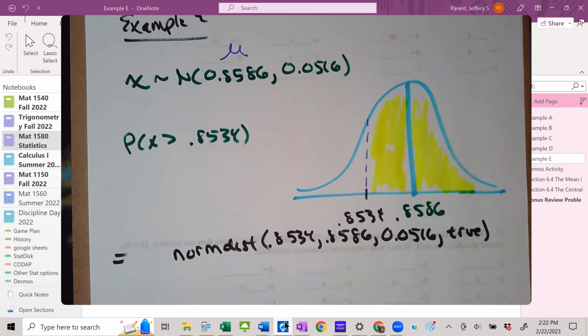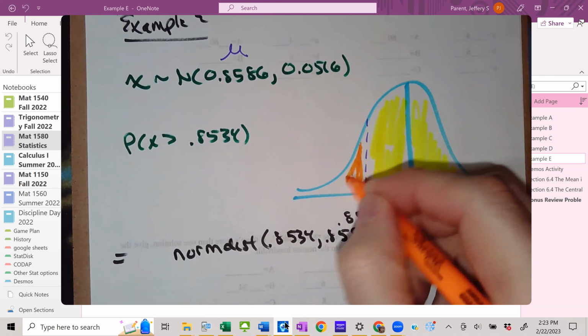Well, what's it going to give me? Is it going to give me what I want? Subtract by 1, right? Yeah, that's going to give me this area here, which is in orange.